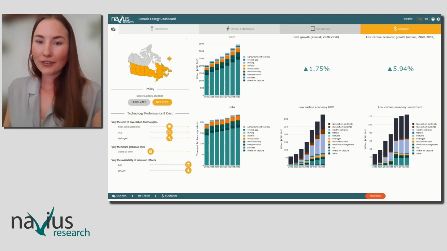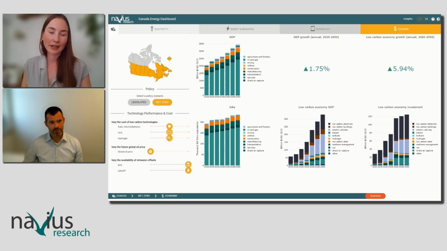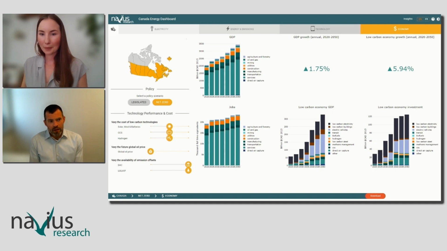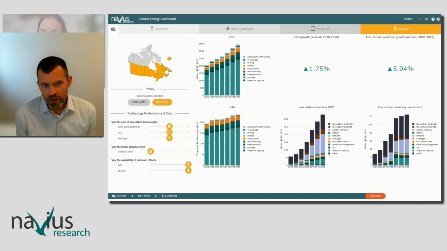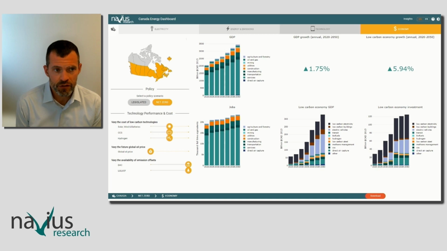Jotham, here's a question for you. Why is DAC so strongly preferred over other carbon capture, utilization, and storage options in scenarios where it's available? I think that one of the big advantages of direct air capture is that one thing that we repeatedly see in a lot of our net zero runs is that you can get a lot of reductions out of many different end uses relatively cheaply.